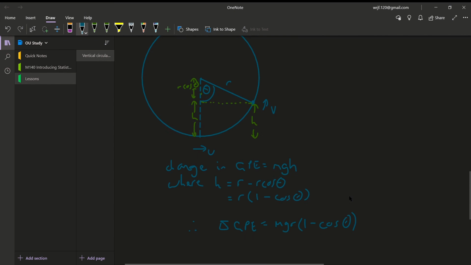Clearly, it's a similar process for dealing with something where the object starts at the top of the circle rather than at the bottom. You're going to come out with an identical expression, essentially. Slightly more tricky is if the object starts not at either the top or the bottom of the circle, but somewhere already round its circular path, at some other angle.